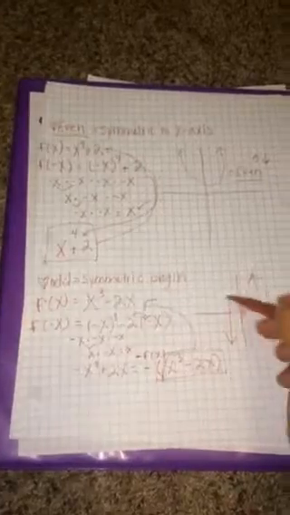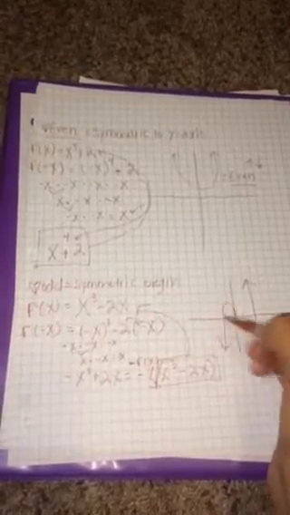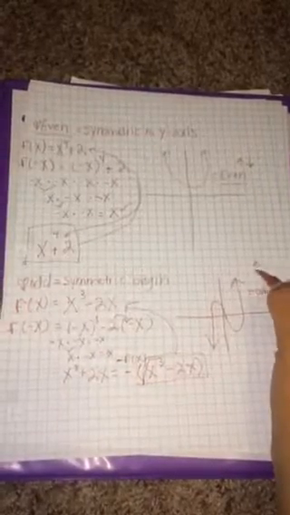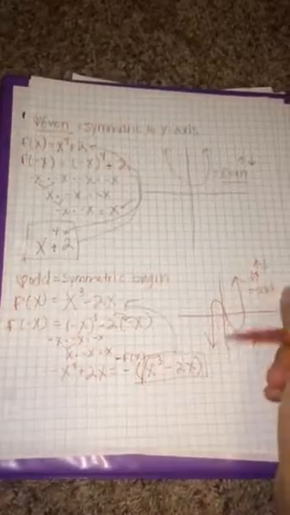It's symmetric with respect to the origin. Mine really doesn't look symmetrical because of the way that I drew it, but it's supposed to be symmetrical to the origin. So this means that it is odd. An odd function will always have one going up and the other one going down, or one going down and the other one going up. It's never going to have both going up or both going down as an even function would.